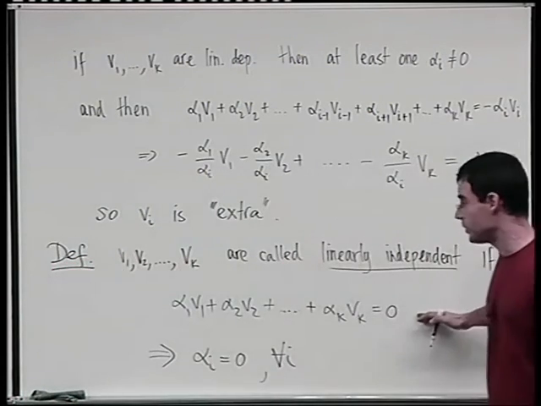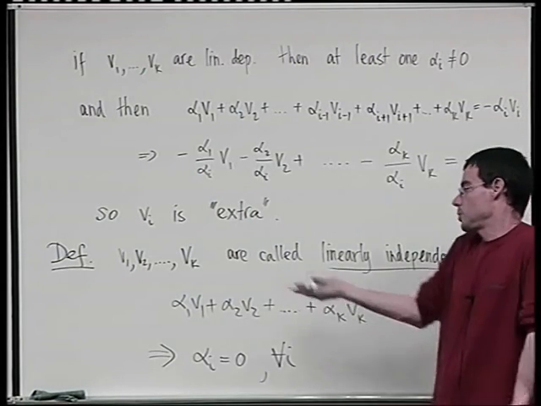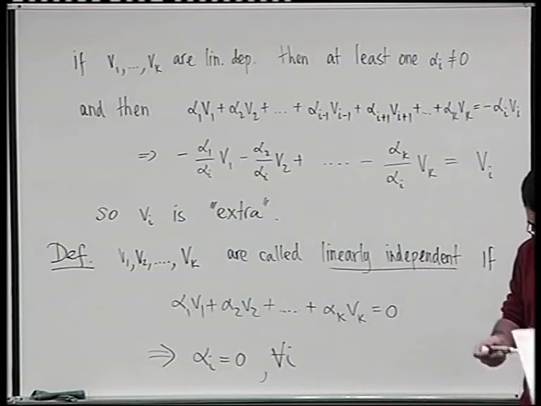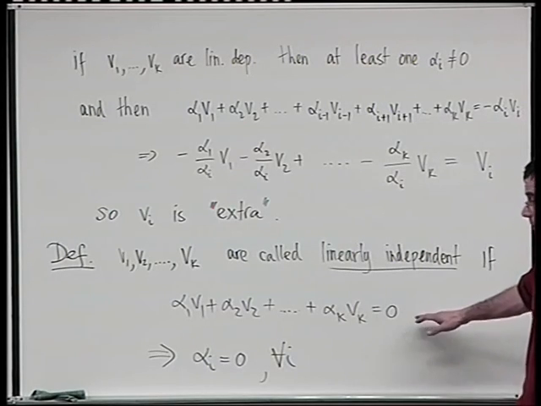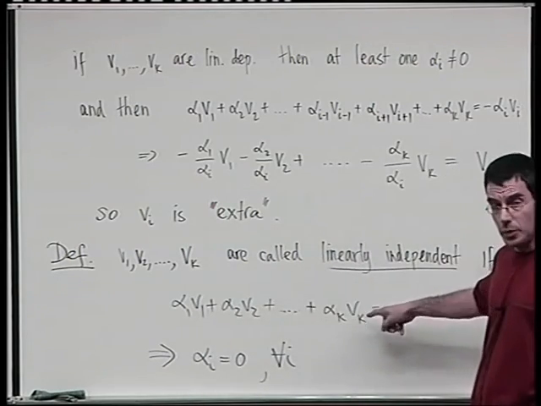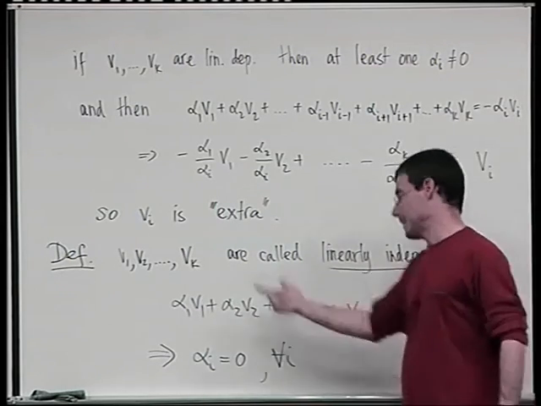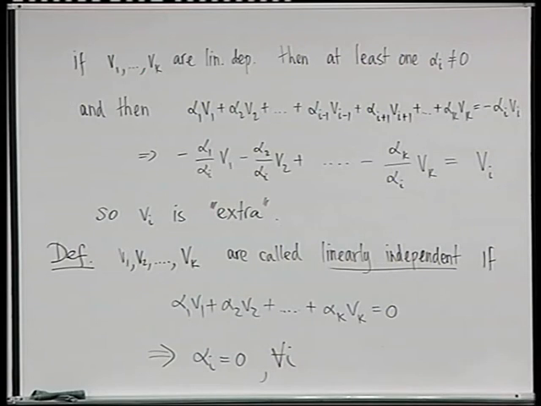The only way to get 0 as a linear combination of these guys is when you just take 0 times each one of them. You can always do that, right? So this is precisely saying that there is no linear combination which is 0 where not all the alphas are 0. That's the complement to that definition. Clear?